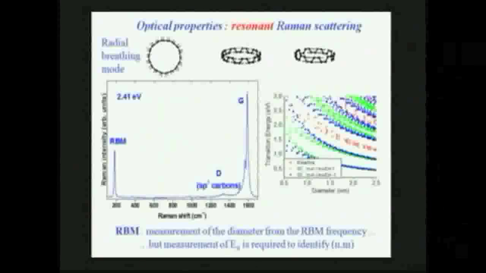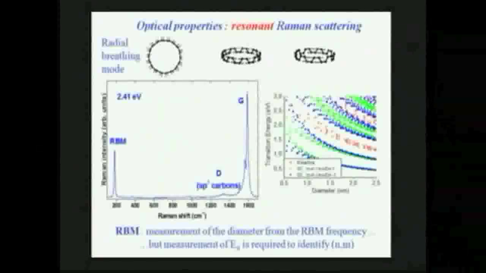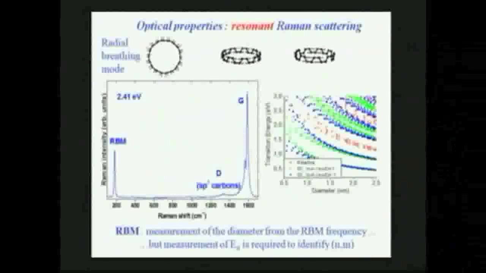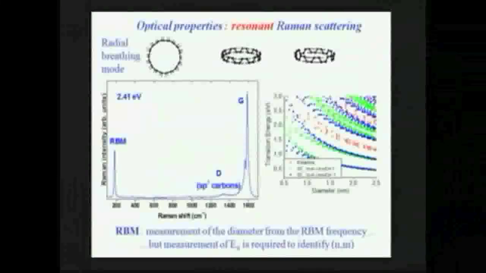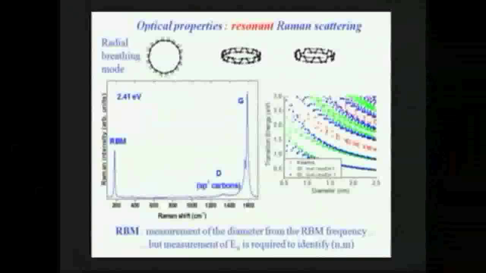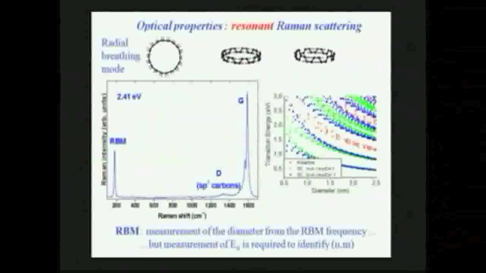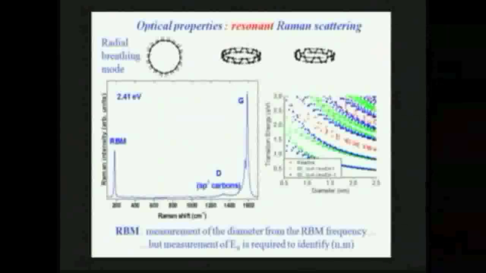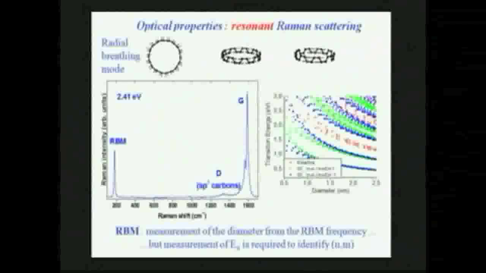So it's not enough to know the diameter to identify precisely the (n,m). You need a second parameter. And what is this parameter? It's the transition energy. If you want to identify for sure one nanotube, you must know not only the diameter, but the transition energy. If you know both diameter and transition energy, now you can say for sure which (n,m) nanotube you have.